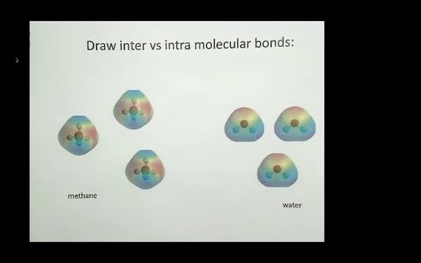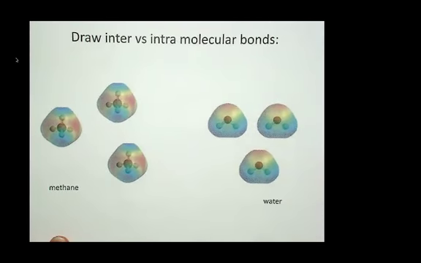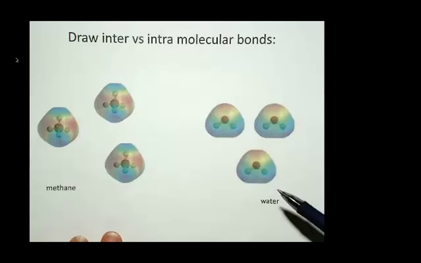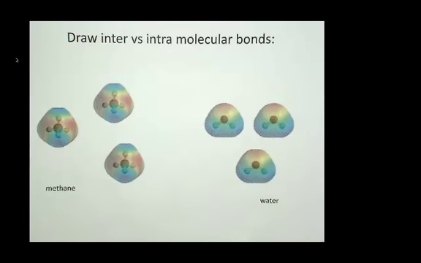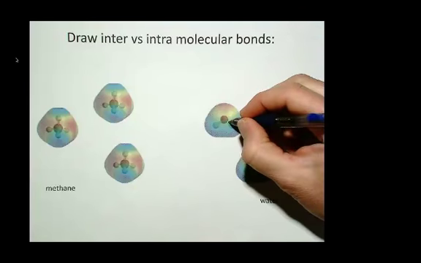Let me show you another example. These are methane molecules, and these are water molecules. If you're looking at this picture, the question I would ask you is, can you draw the inter versus intramolecular bonds? Can you look at these images and decide what's inter and intra, or can you draw them? In this case, this is the water molecule.